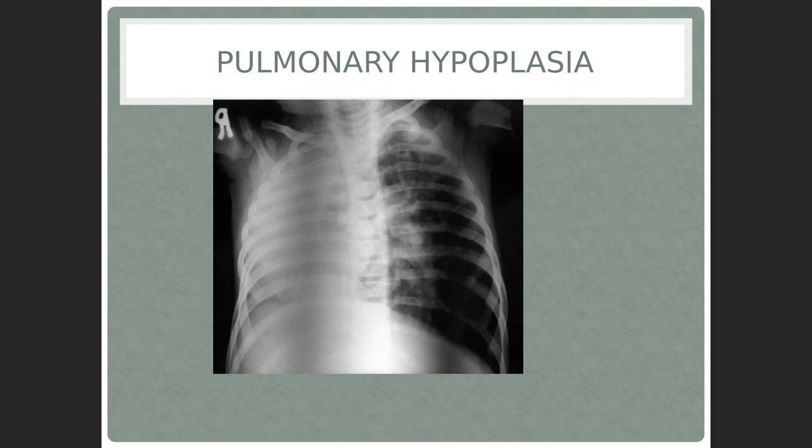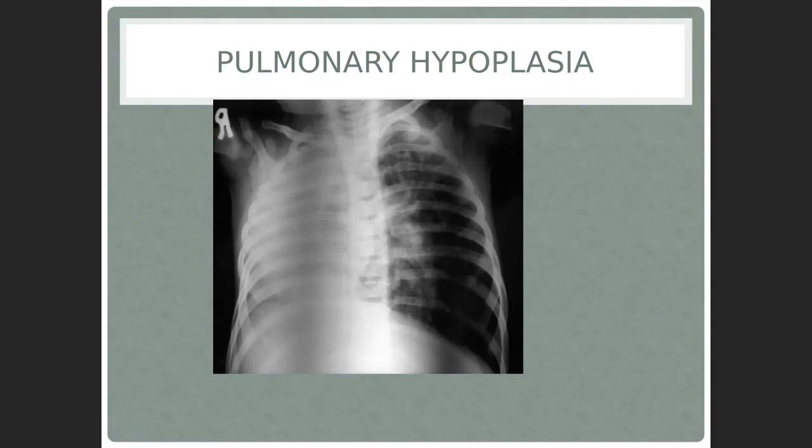You can see lung markings on the left. And it's hyperinflated. It's compensating for the side that is not working. It is so super extended. And so the heart and everything is pushed over to the right. The heart is not supposed to be on the right side. So this is pushing everything over.